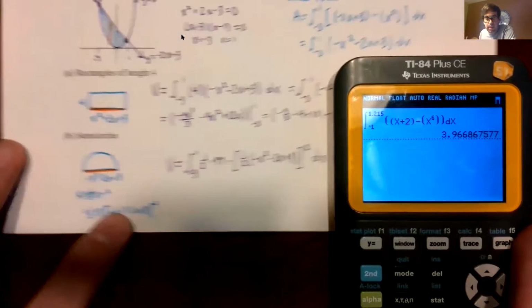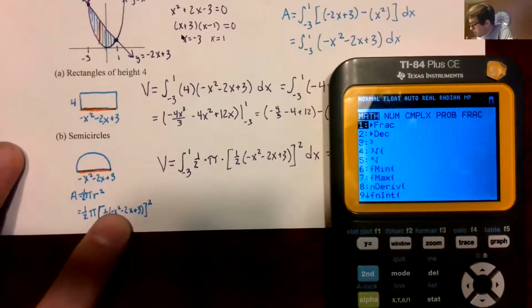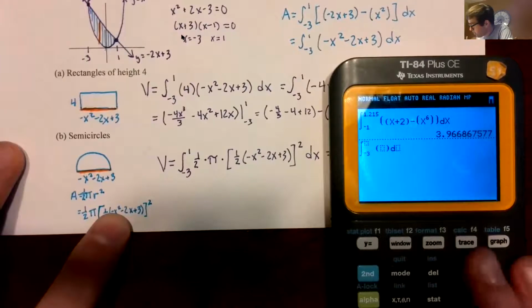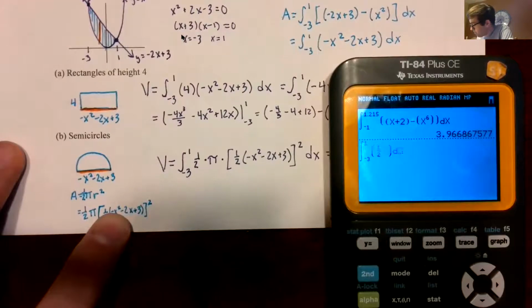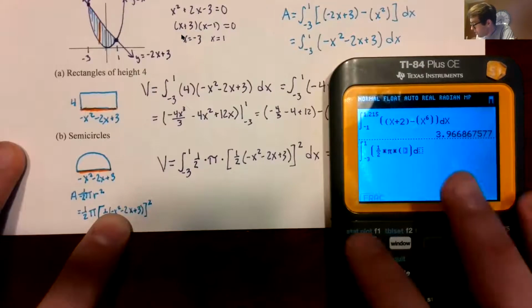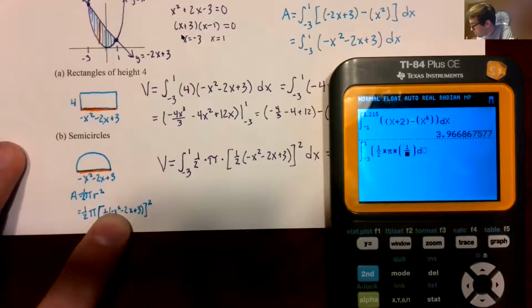So I'm going to type that in as math 9 from -3 to 1, 1/2 times pi times parenthesis 1/2, parenthesis negative x squared minus 2x plus 3, close both parentheses, square dx.